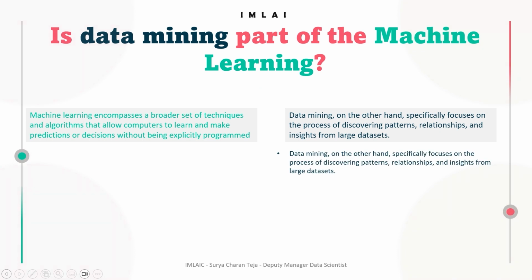Data mining techniques often serve as a foundation for machine learning algorithms. Data mining helps in pre-processing and preparing the data by identifying relevant features and handling missing values, but that's not the main focal point here.